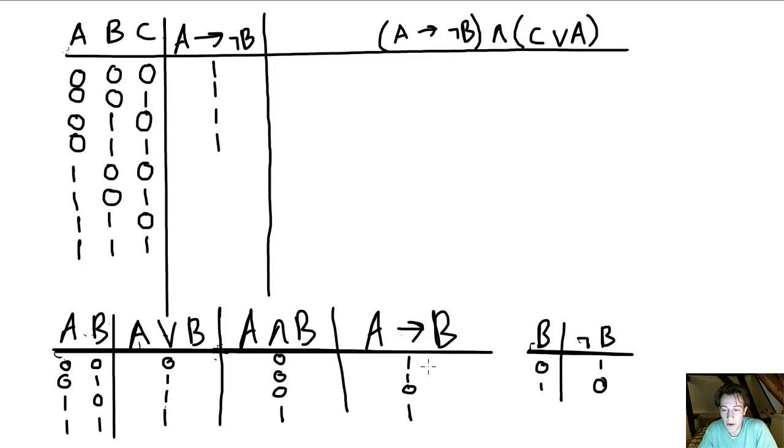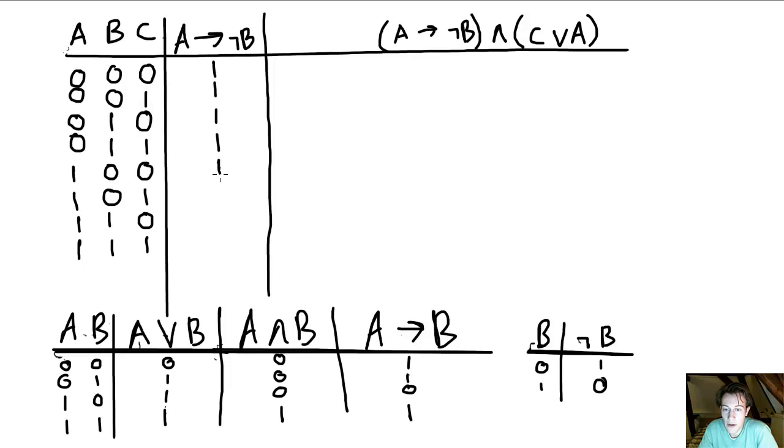So as we see in the previous truth table, when B is 0 and A is true, then the truth table of A implicates B is false. So now we got 1 implicates 1 over here because B being negated.